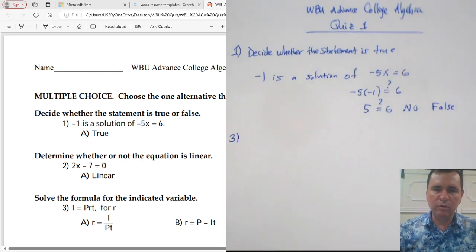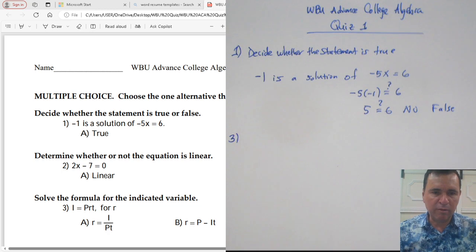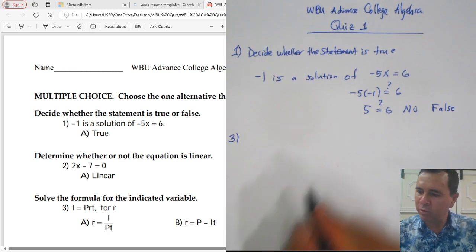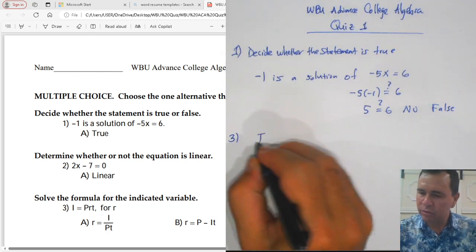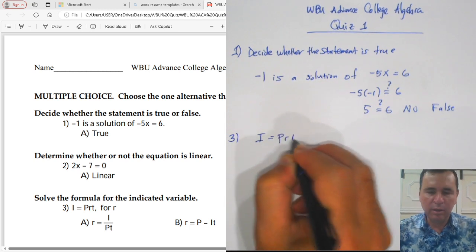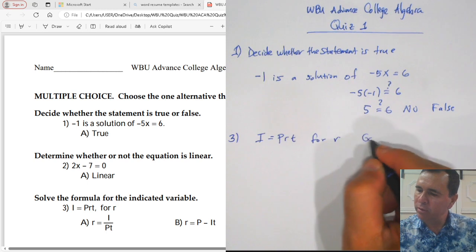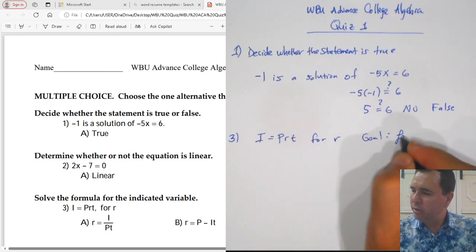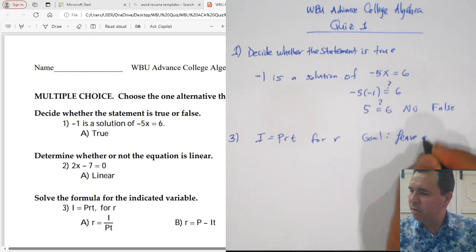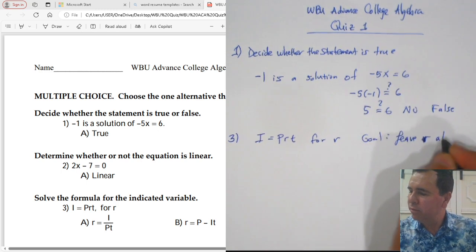Okay, let's go number 3. You do number 2. Number 3 says solve for the formula indicated in the variable. So we got I is equal to PRT. Solve for R. So our goal is simple. Leave R alone.